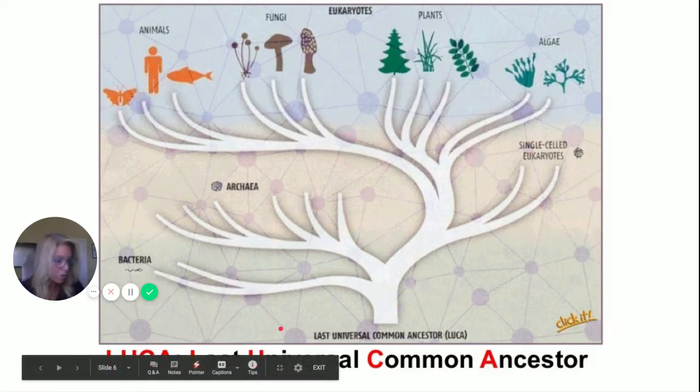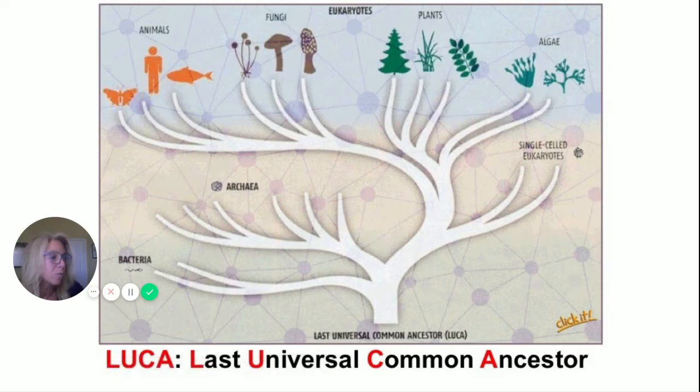So on your notes, you have the unity of life suggests that all organisms are descended from a common ancestor. So that's what you want to put there, a common ancestor. The first cell or cells, and we talk about LUCA, which means the last universal common ancestor that all life would have shared. Okay, could be more than one LUCA.